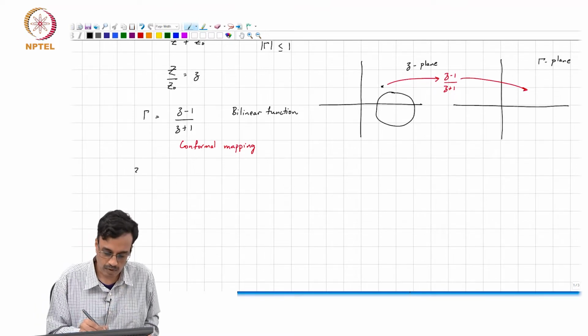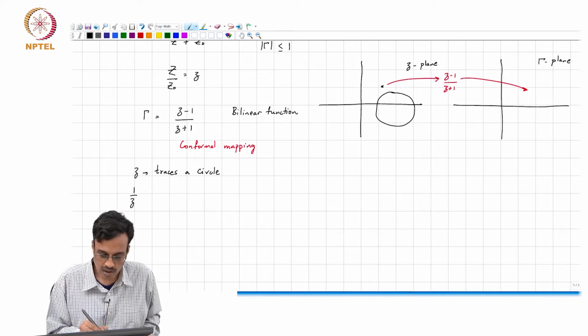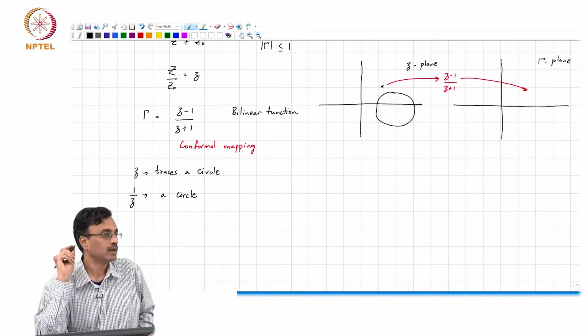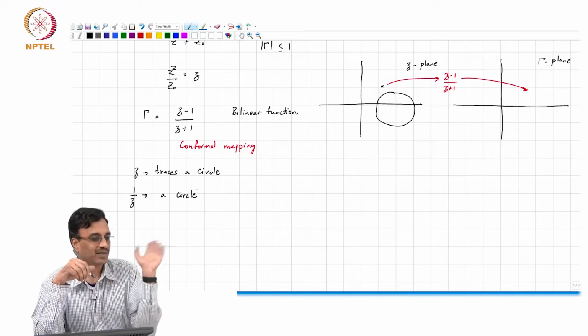Okay. So, if z traces a circle, 1 over z will also be a circle, and you can calculate what the radius and all this stuff will be.